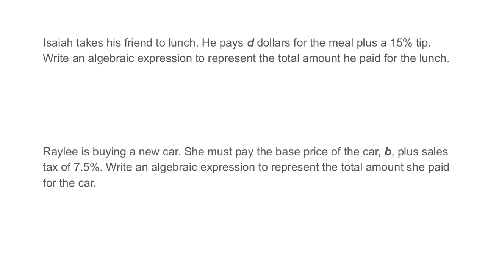Isaiah takes his friend to lunch. He pays D dollars for the meal plus a 15% tip. Write an expression to represent the total amount that he pays. So I'm going to find my numbers, find my special words like plus, total, and then I'm going to put all of that together. So if he pays D dollars for the meal plus 15% tip.